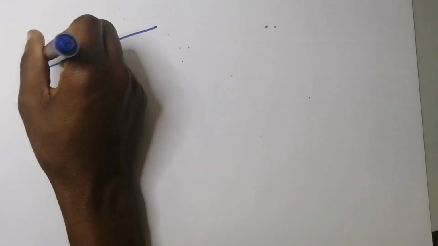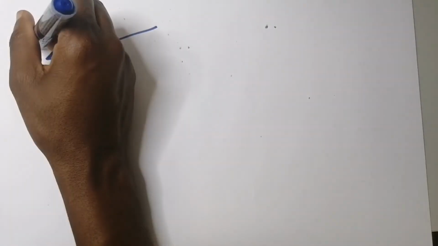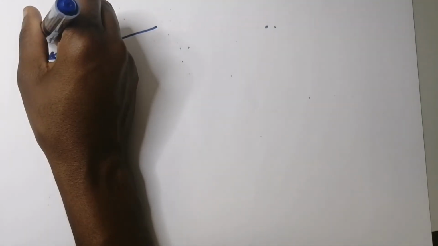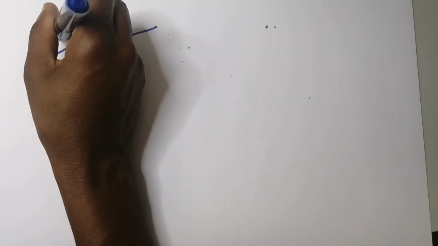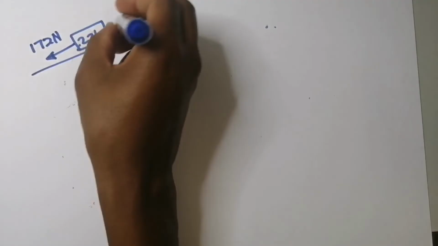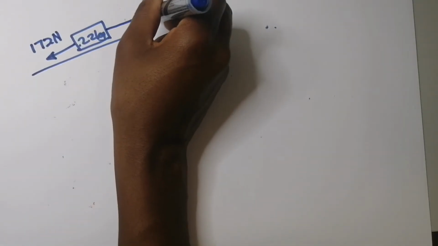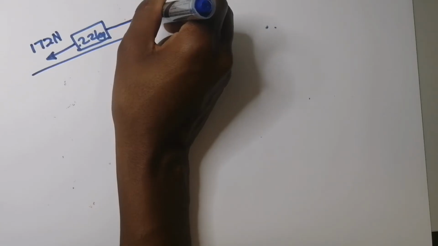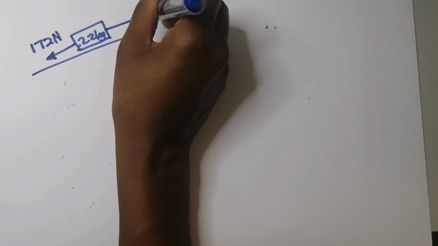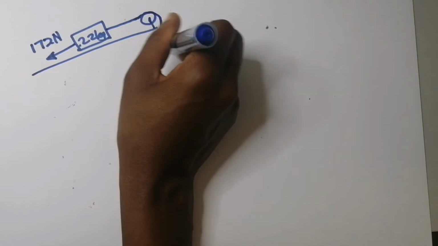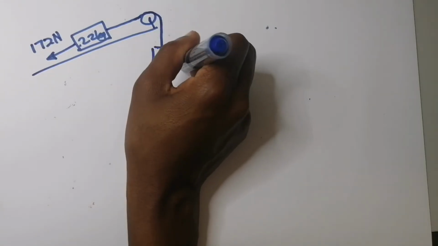Now, please, I want you to note, so in this case, I'm going to say it means there's 172 newtons over there, and that's the applied force. But what does it do? We still have the tension over there. Okay, sorry, that's our pulley, and we still have that 15 kg block.